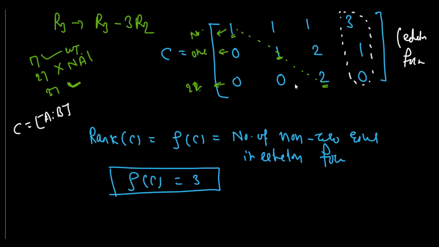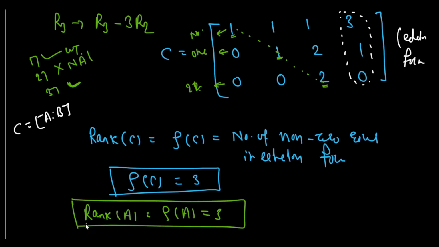So this 3 by 3 matrix is the value of A. We focus on the 3 by 3 matrix and find the rank of A. Here the first row is 1 1 1, non-zero; 0 1 2, again non-zero; and 0 0 2, again non-zero. So from here we find the rank of A. Rank of A is again 3.